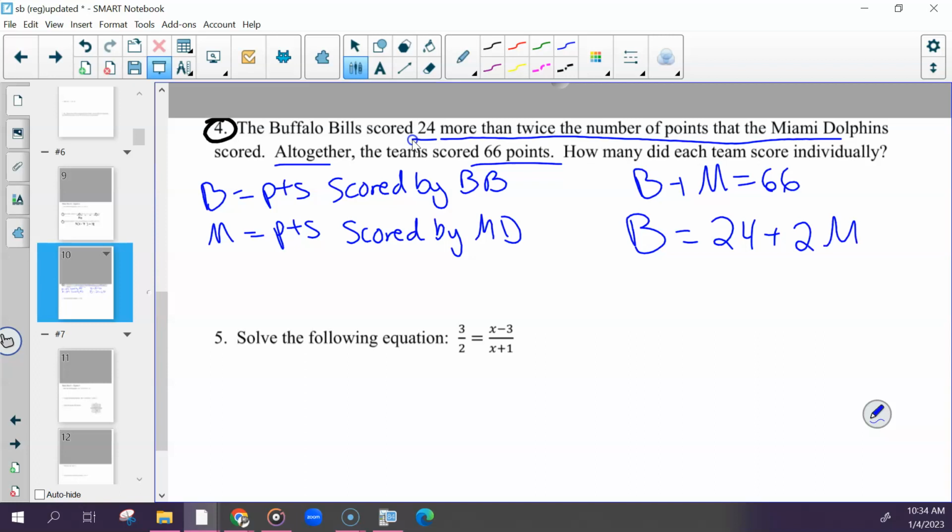Thinking back to how we saw systems: elimination, graphing, substitution. Substitution would work really well with this one because we have a B equals and we have a B. So I'm going to replace this with B and say 24 plus 2M plus M equals 66.